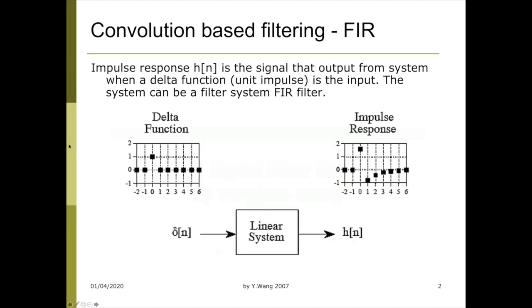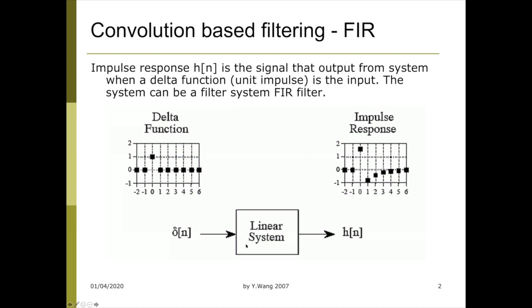On the left side we have a delta function, and we input it into a linear system, and we get an impulse response. Actually, this impulse response can be used as a filter, and this filter is a FIR, finite impulse response. The reason it is called finite impulse response is because your input is just one pulse, and the energy is going to die out.